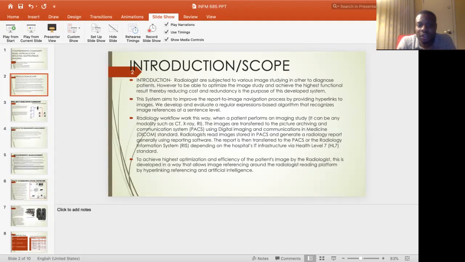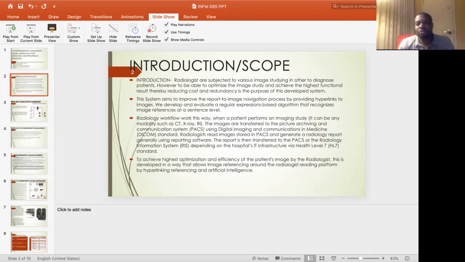Radiology workflow can work this way when a patient performs an imaging study. It's going to be a modality, such as CT, X-ray, or MRI. The images are transferred to the Picture Archiving and Communication System, PACS, using the Digital Imaging and Communications in Medicine standard.